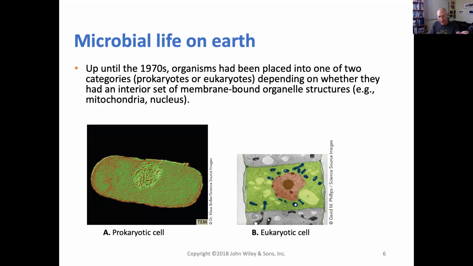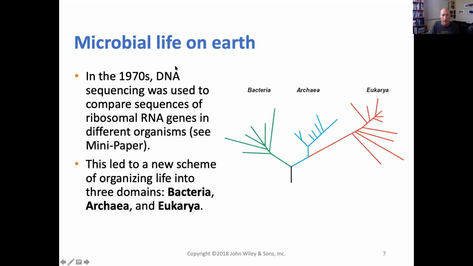Either they were prokaryotic, which means they don't have a membrane-bound nucleus, or they were eukaryotic, which means they have their genetic material in a membrane-bound nucleus. On top of that, they have other membrane-bound intracellular structures that we call organelles, okay? So we had prokaryotic cells and eukaryotic cells. And notice here it says up until the 1970s, that's what we thought.